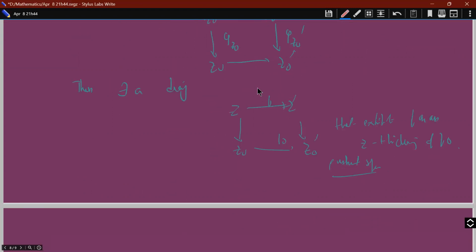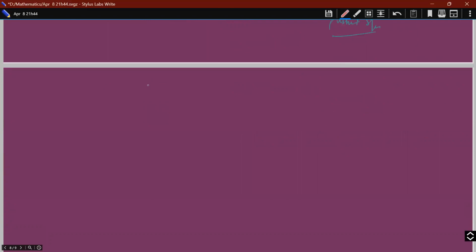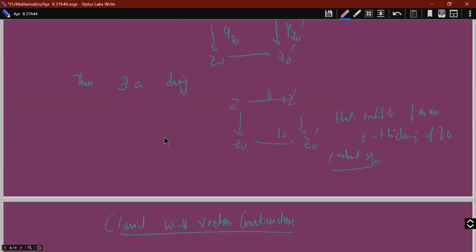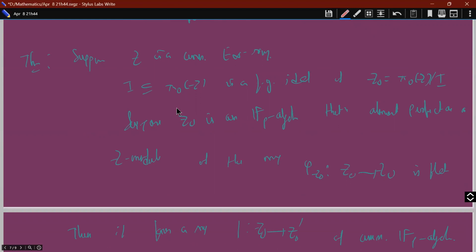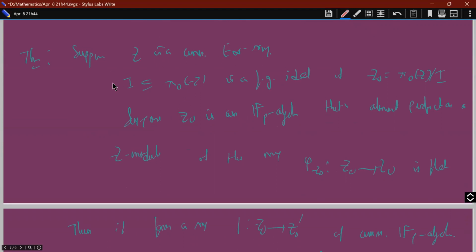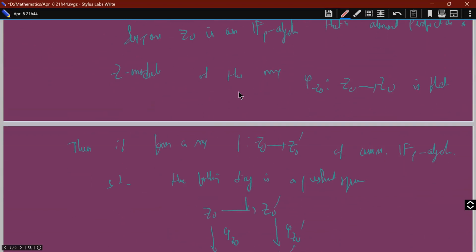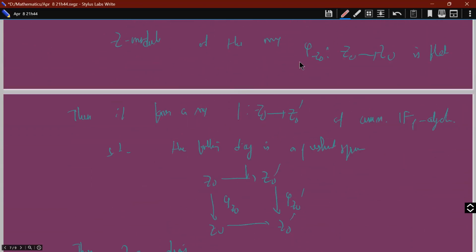Now using this, we'll see the classical Witt vectors construction. It'll use the same notation. Just to make sure, I'll scroll through this again. So remember Z is the notation that we fixed, with the Frobenius.